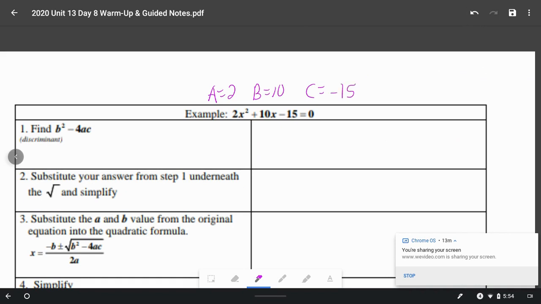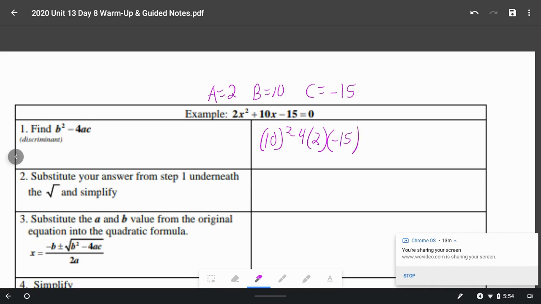Okay, so now the first step is to find the discriminant. The discriminant will tell us how many solutions there are. If it's positive, there will be 2. If it's negative, there will be none, because you can't take the square root of a negative number. And if it's 0, there will only be 1, because plus 0 and minus 0 will not change your answer. So if we plug in b squared, that'd be 10 squared minus 4 times a, which is 2, times c, which is negative 15.